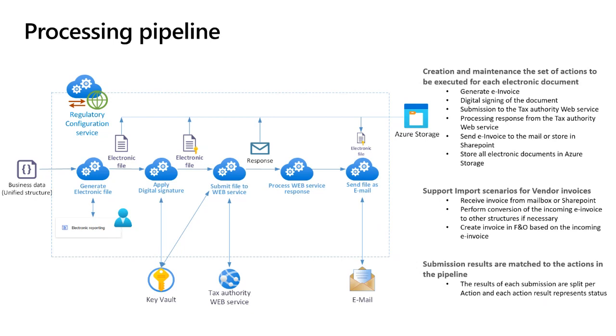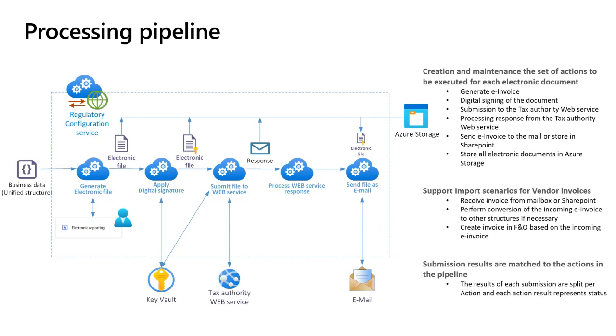The same file then goes to the next action, which is responsible for the digital signature and sets a stamp with a secret or certificate stored in your key vault. The next step can be a submission to an external web service, and then the results can be processed by the action that is responsible for processing the response from external web services.